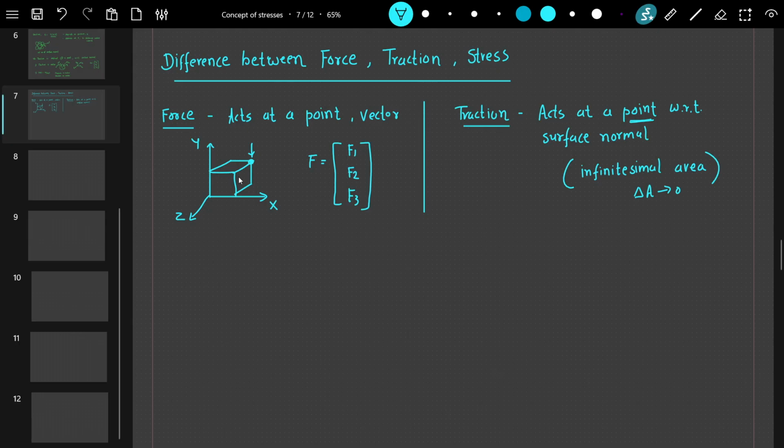Okay, so let's take this same cube structure. Let's take this as the cut section.